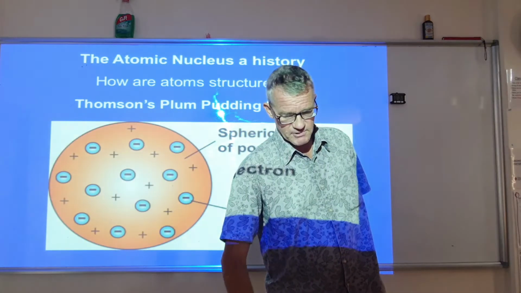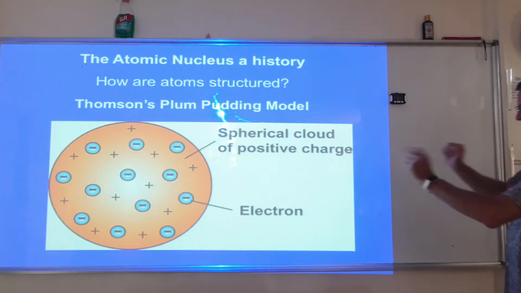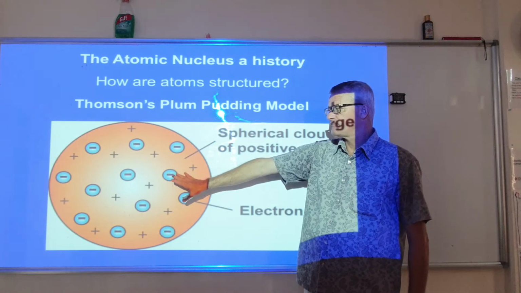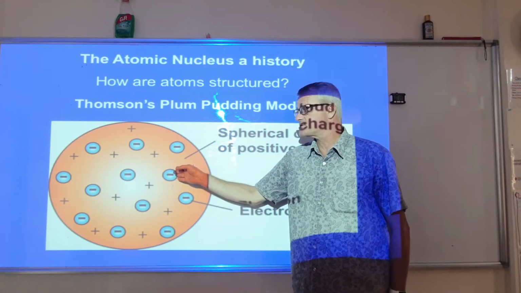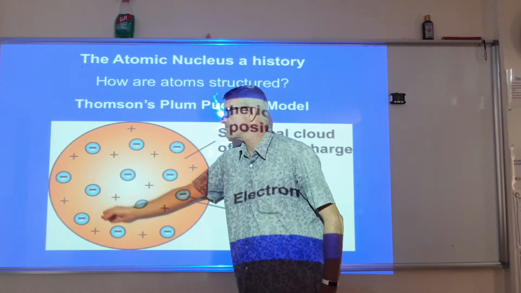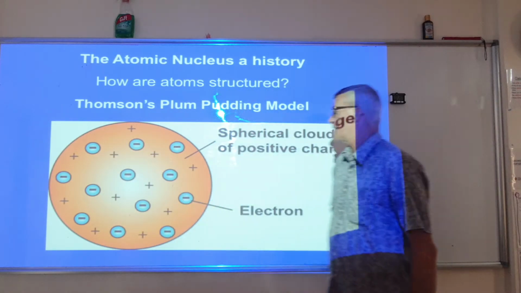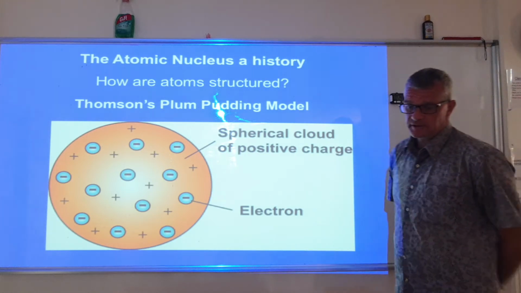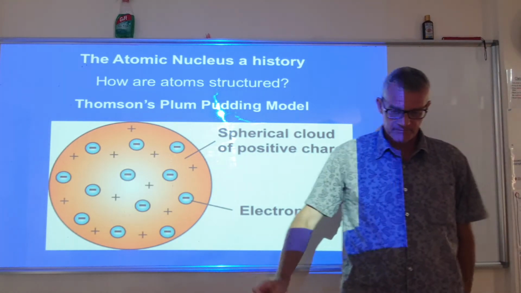In the description, atoms have electrons, with negative charge, and somewhere around there must be some positive particles. They didn't know anything about the nucleus yet.